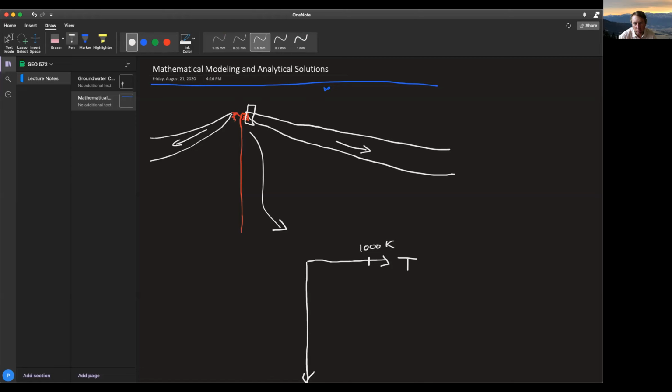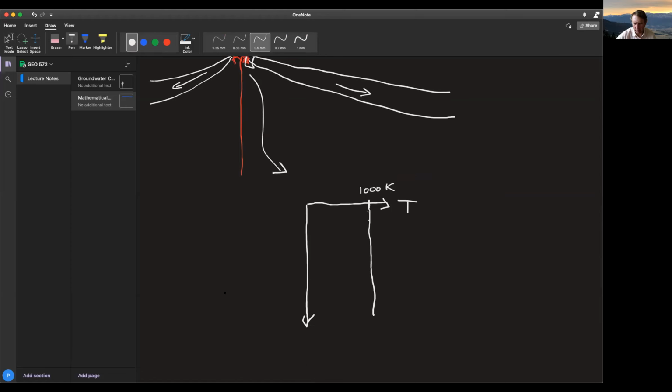And right after it cools, it's all at 1,000 degrees Kelvin. So if I was to look at a temperature profile, I would get this straight line with depth. So here's depth increasing. I get this straight line at 1,000 degrees Kelvin, all right? And this is right after it cools.